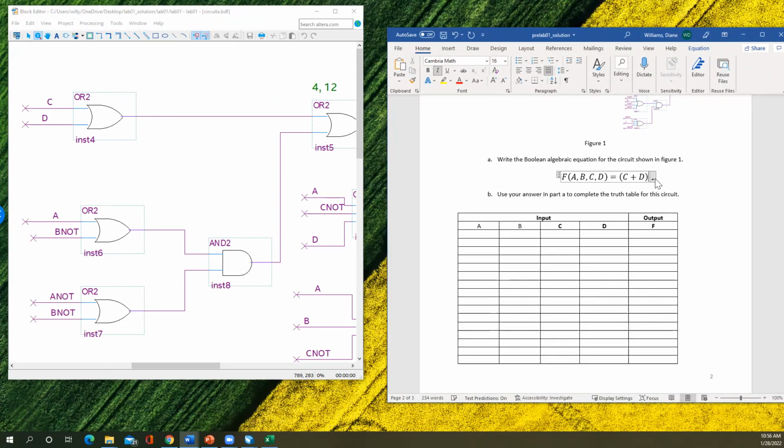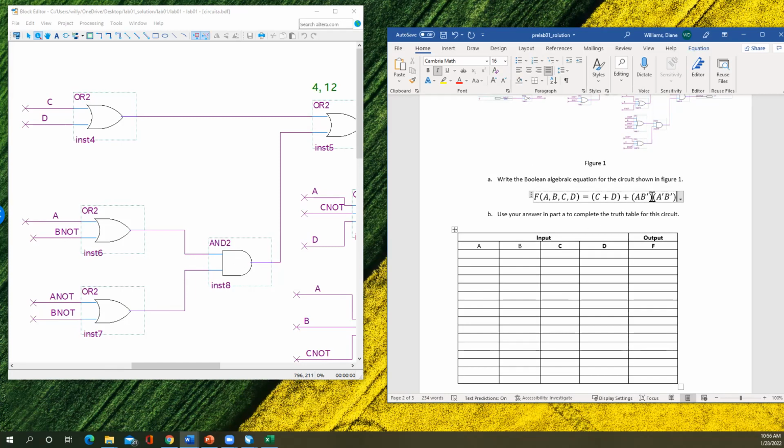Then that's going to be ORed with this combination here, A and B not. And this term is ANDed with this term here, which is A not and B not.